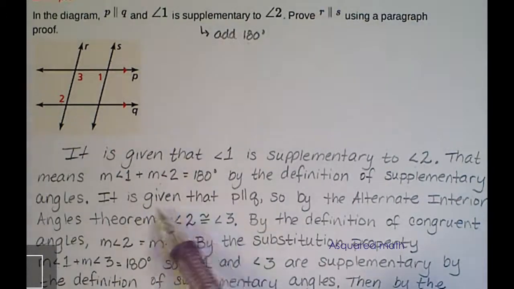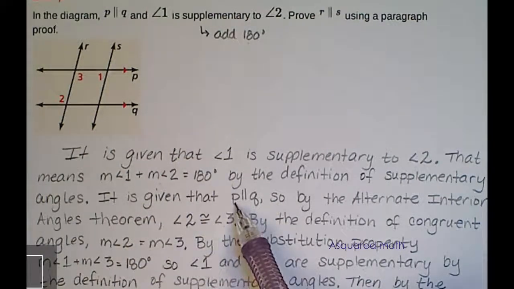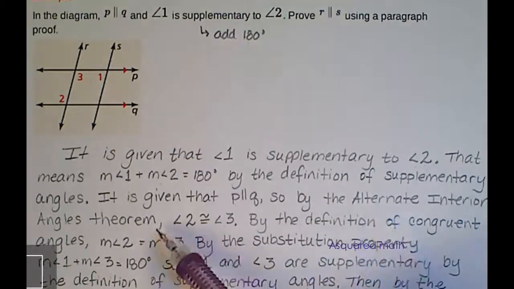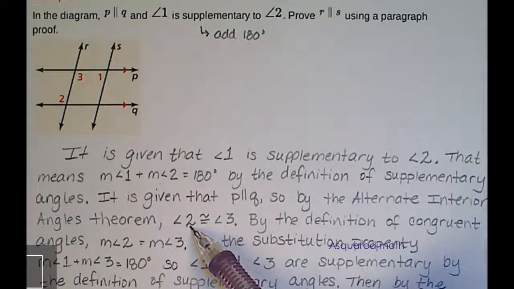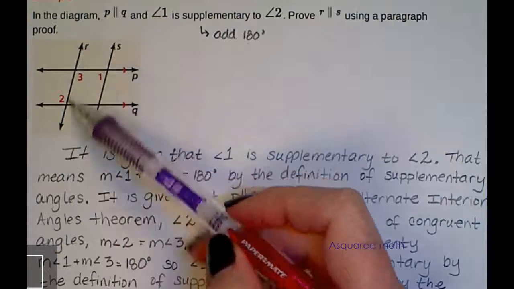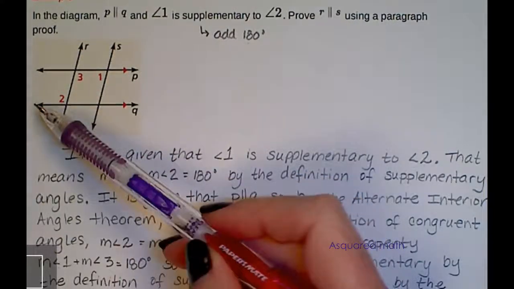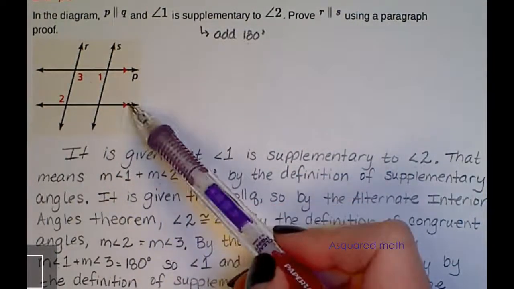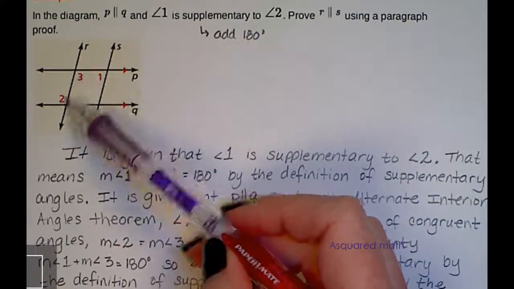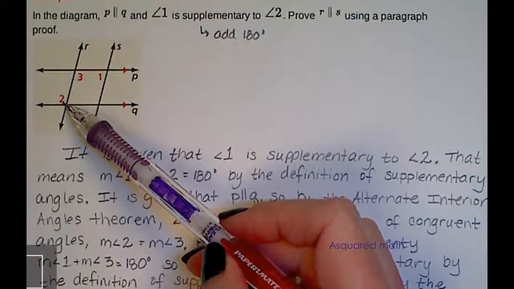From there, we are also given that P is parallel to Q. By the alternate interior angles theorem, we can then say angle 2 is congruent to angle 3. So we're looking at R as the transversal to line P and line Q, and angle 2 and angle 3 are alternate interior angles, so that means they have to be congruent.